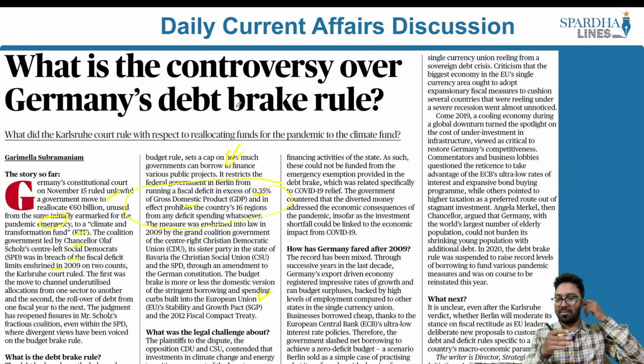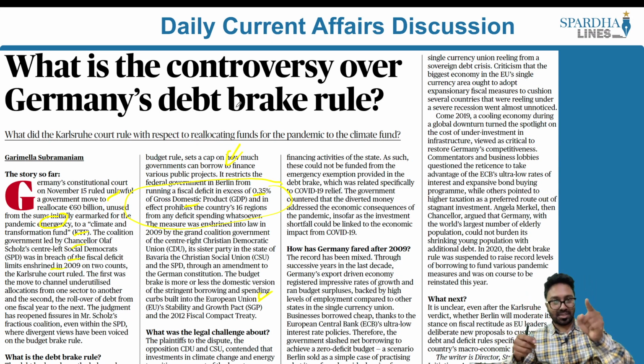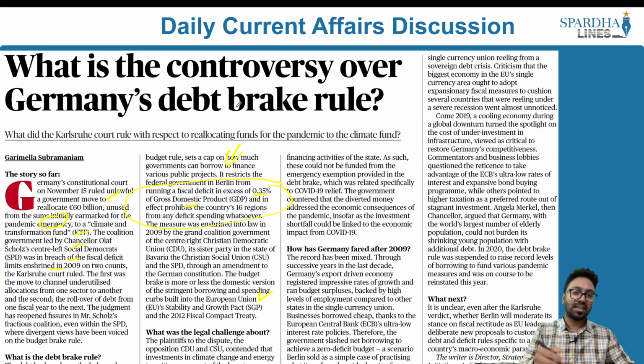So this article is speaking about these two parameters, and this can be a point in your preliminary examination, where they can ask you: the debt brake rule, recently seen in the news, is part of which country's rules and regulations? It is part of Germany's policy making. This is what we have to understand with respect to this article.